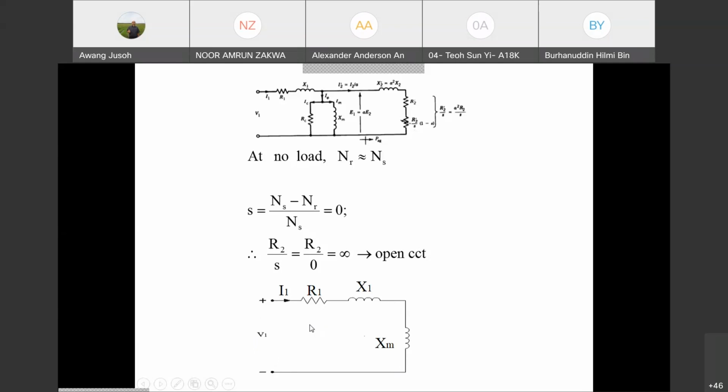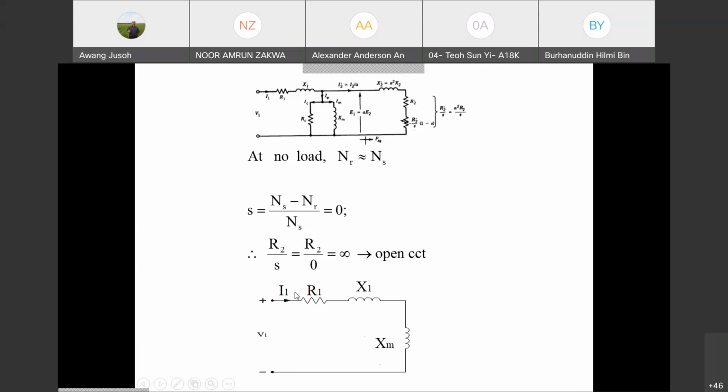From the no load power, we can find the total no load resistance. We know Z, we know the no load resistance, then we can find X. X equals the square root of Z squared minus R squared, which equals X1 plus XM. That is the information that we can get from the no load test.